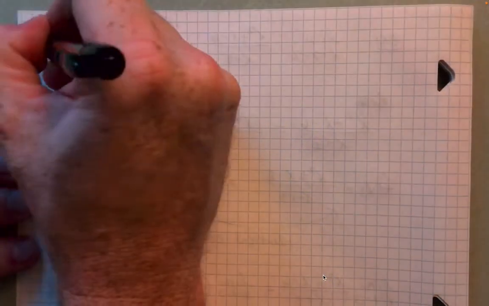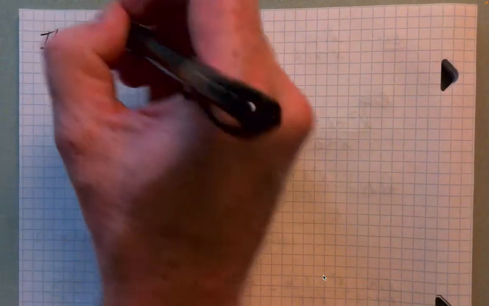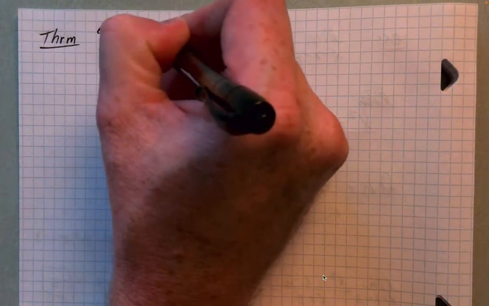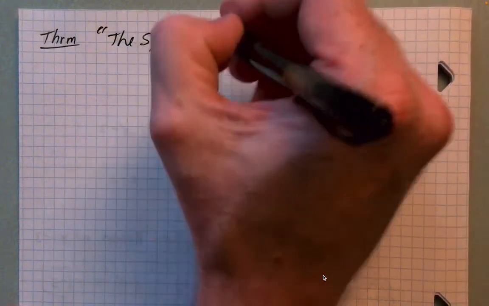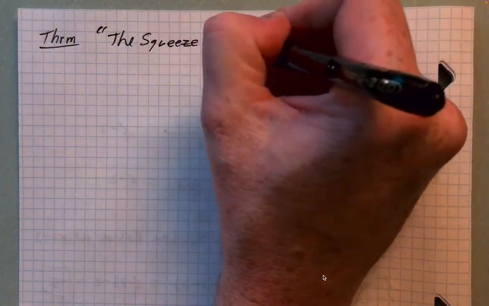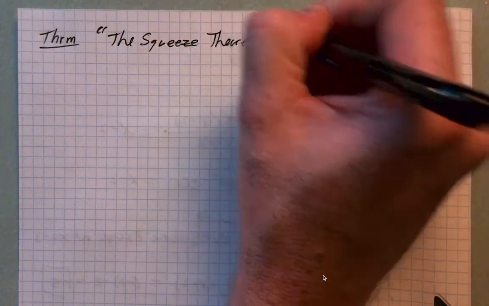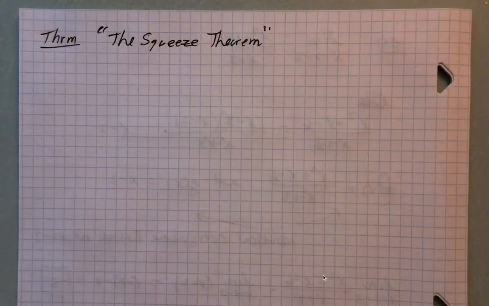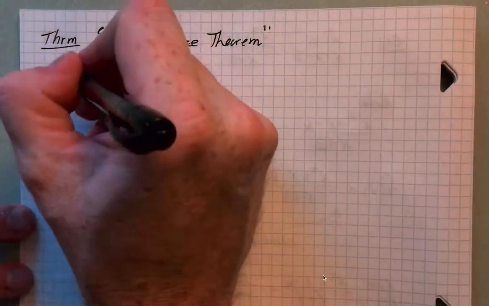It's one that you'll probably use throughout calculus at different times. It's called the squeeze theorem. It's got a very interesting feature which resembles squeezing. So it's called the squeeze theorem for that reason. And so here's what it looks like.